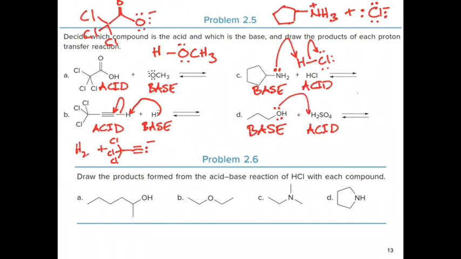And then the two electrons from the bonding pair will go towards the sulfur. Okay, and so now one of the products would look something like this. We have this oxygen now bonded to two hydrogen atoms, and it will bear a positive charge.